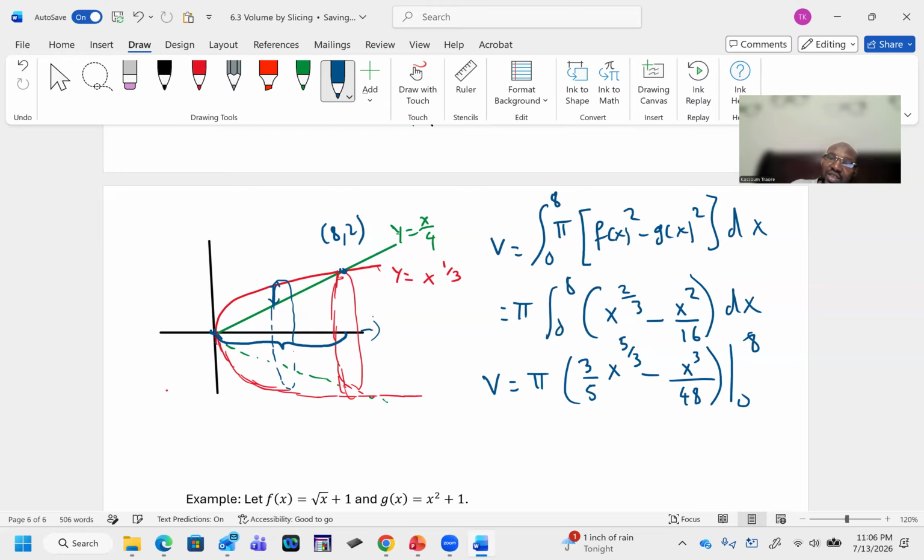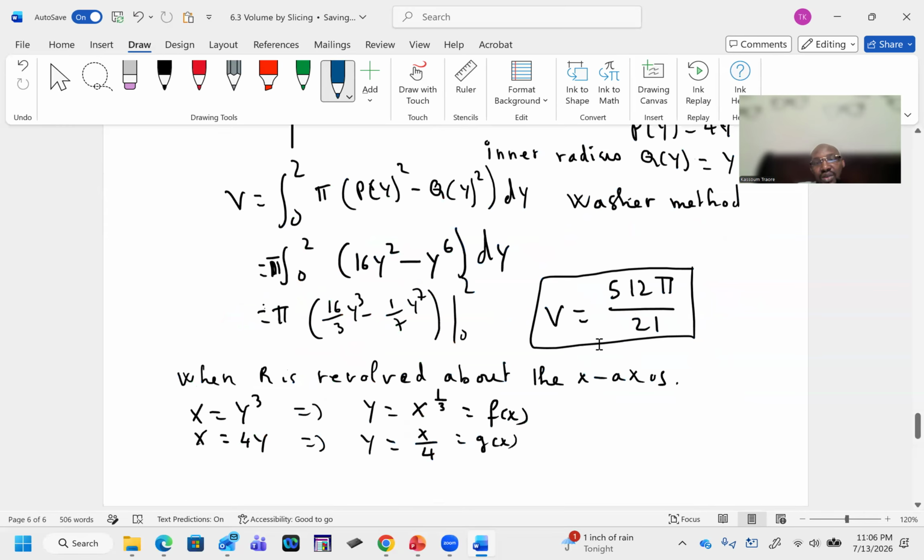And then you substitute 8, because if you substitute 0, that will give me 0. If you substitute 8, you will see V will be 128 pi divided by 15.